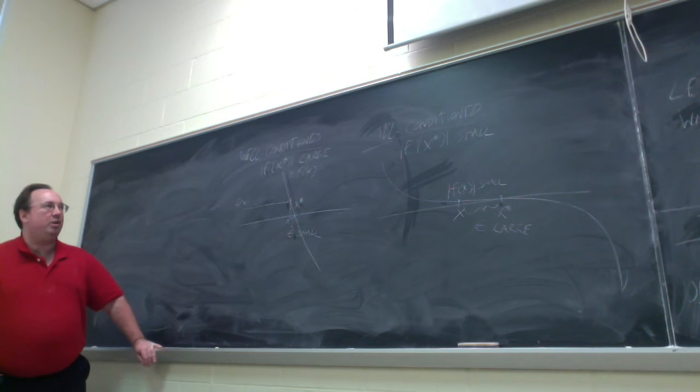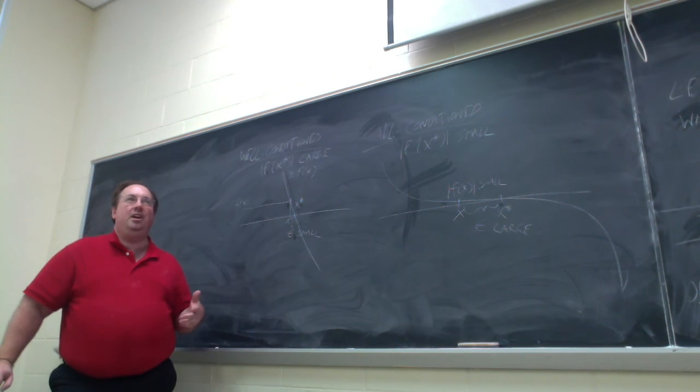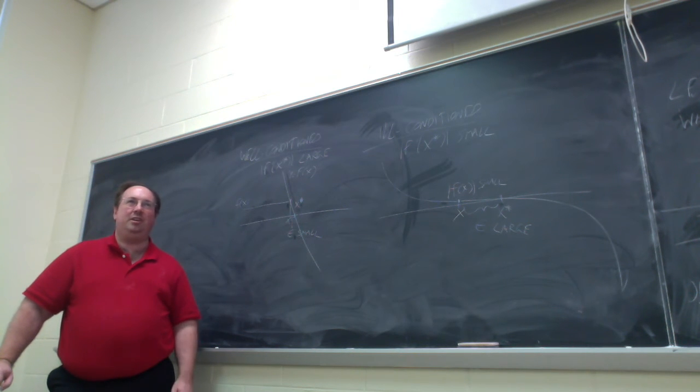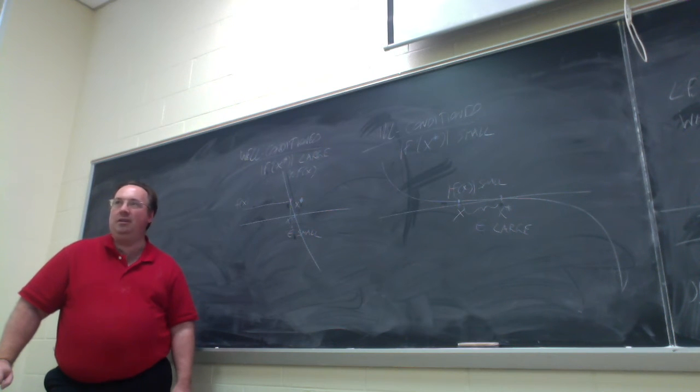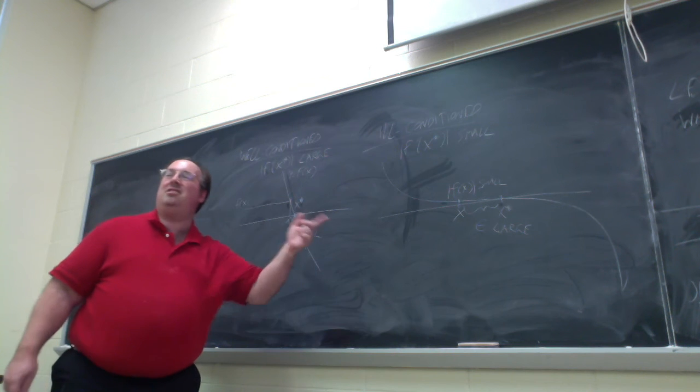So this is the difference between a well-conditioned and an ill-conditioned problem. Because if you're using some sort of iterative method, a good way to tell when to stop is when f of x is small. And you might think, oh, well, I have f of x being equal to 10 to the minus 6. I should be near a root, right? Wrong. Whether that's true or not depends on the conditioning.